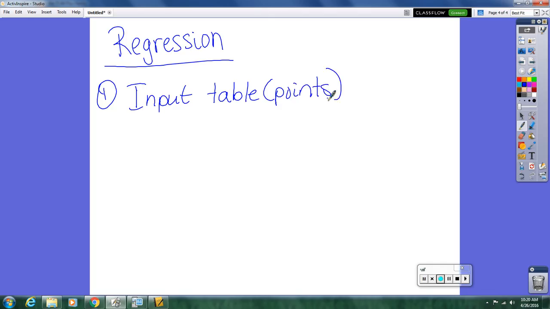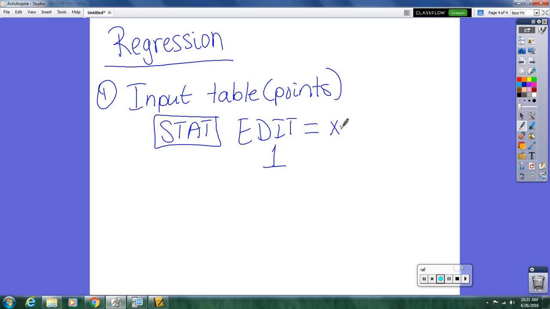So you're going to go to stat, edit, number 1, and then you're going to put your X's in L1 and your Y's in L2. There's one thing that is very important that you do not do here.